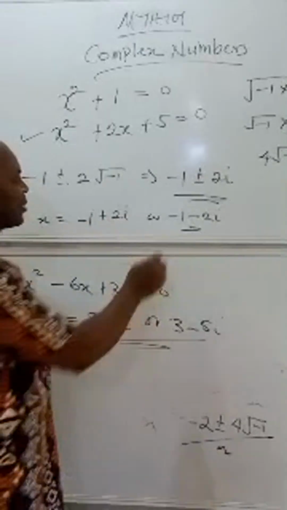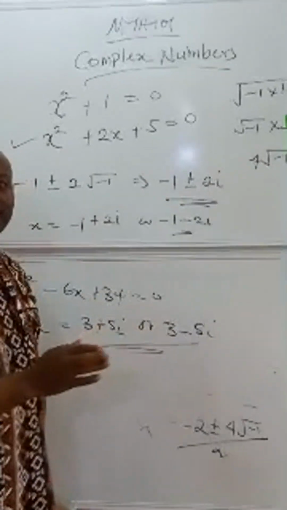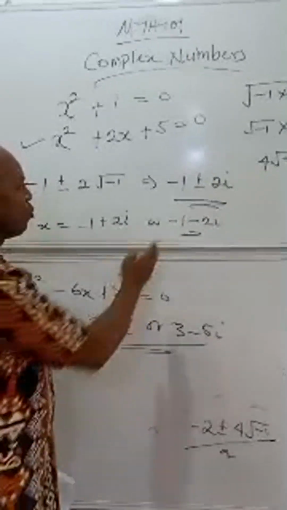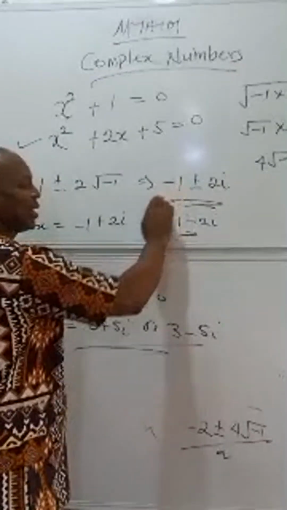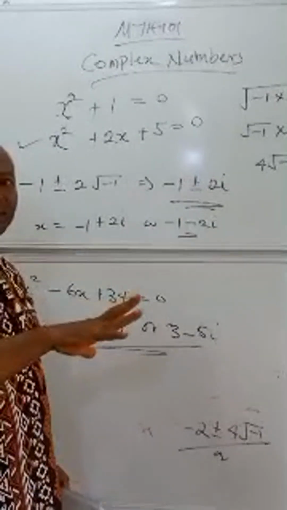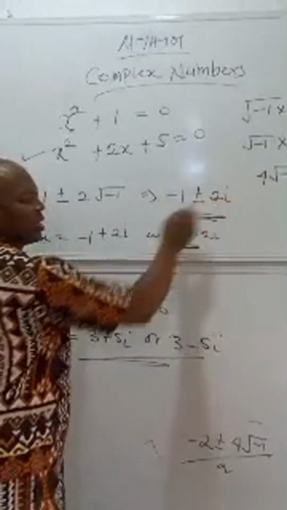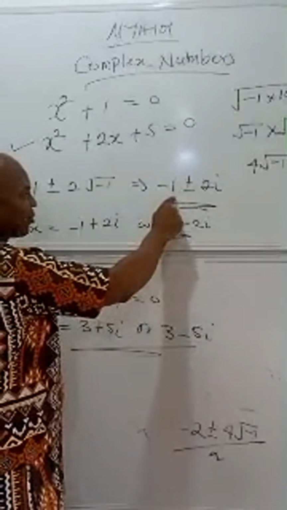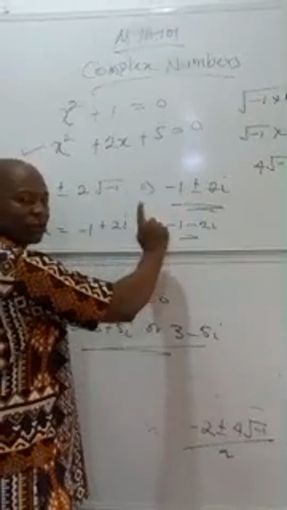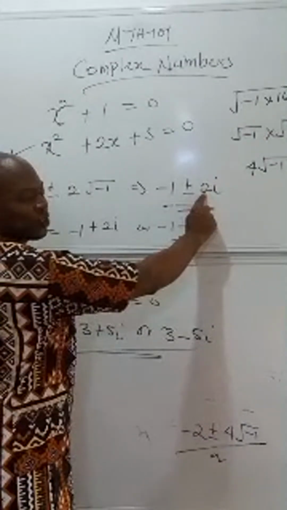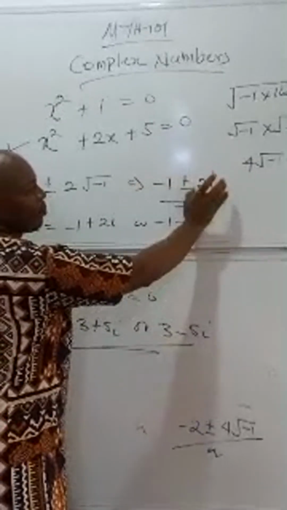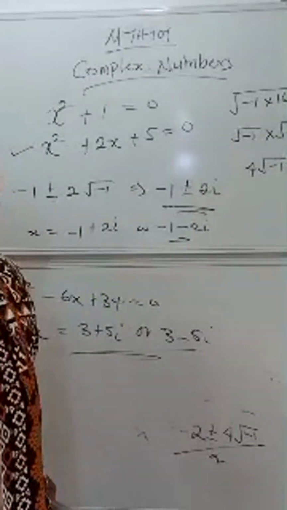Now you can see that the solution of this quadratic equation is a combination of two parts. One is a part that can be found in the real number system, whereas the other one is not. The term here is a real number, and the coefficient here is also a real number. However, this part is purely real, but this other part is not purely real.